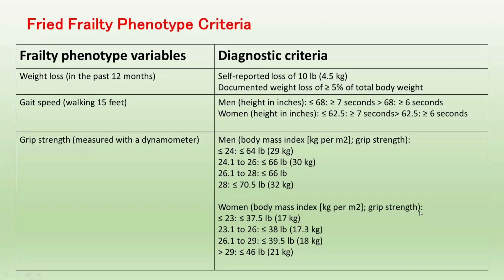They are asked to walk about 15 feet, that is 4.5 meters, and we see the seconds they take, their speed. The third one is grip strength. There's a specialized instrument called a dynamometer to measure the grip strength. That also depends on the sex and the body mass index. The next one, please.